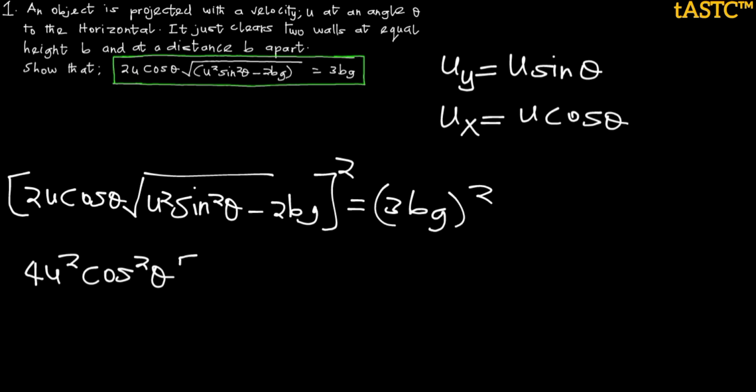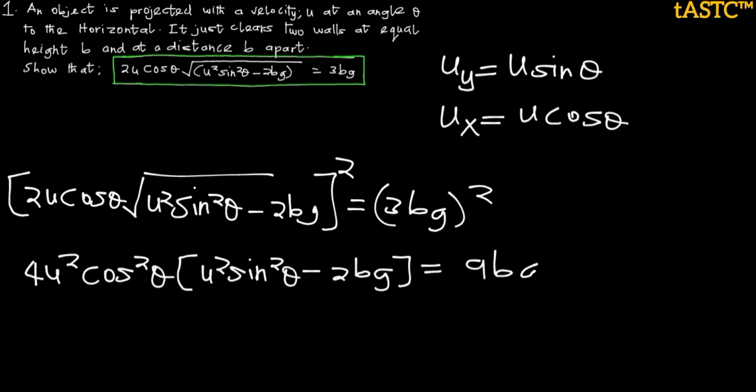And on this side, we're going to have u squared sine squared theta minus 2bg. This is because the square is going to take out the square root sign as it distributes on this bracket. And on the other side, we're going to have 9b squared g squared.